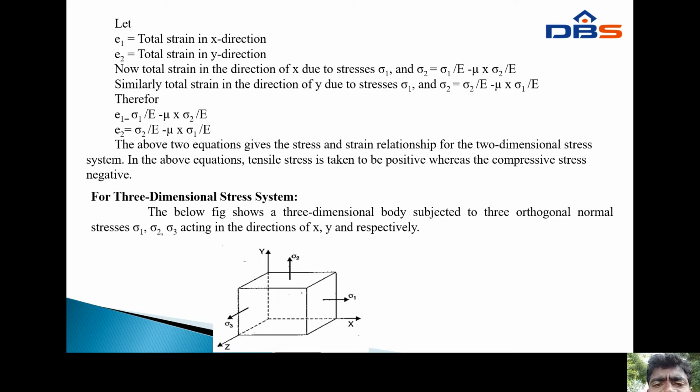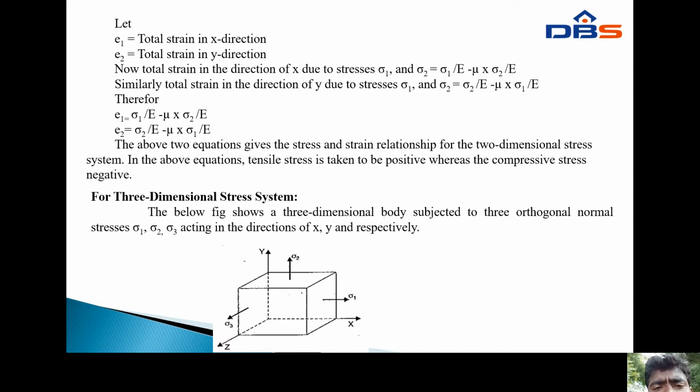The total strain in the direction of x due to stresses sigma 1 and sigma 2 is sigma 1 by E minus mu into sigma 2 by E. Similarly, the total strain in the direction of y is sigma 2 by E minus mu into sigma 1 by E. Therefore, e1 equals sigma 1 by E minus mu into sigma 2 by E, and e2 equals sigma 2 by E minus mu into sigma 1 by E.